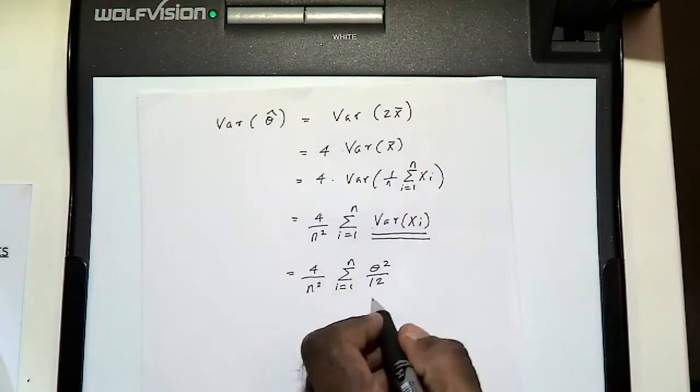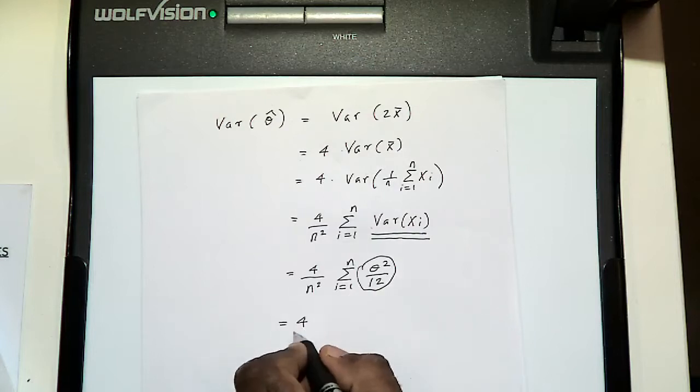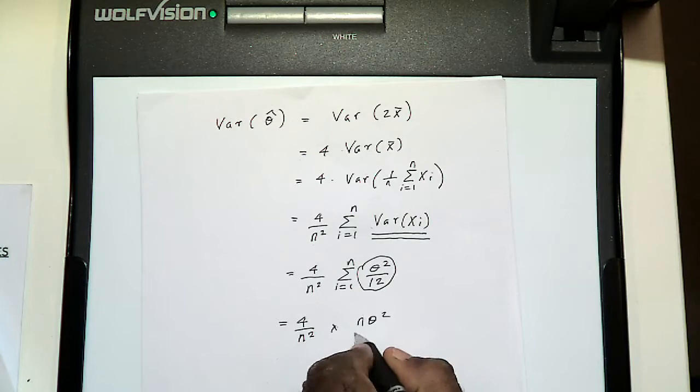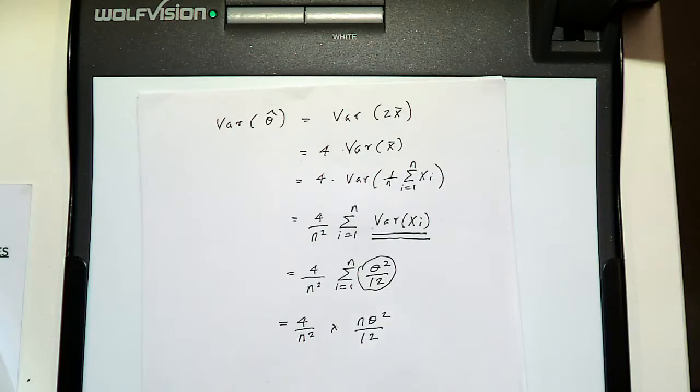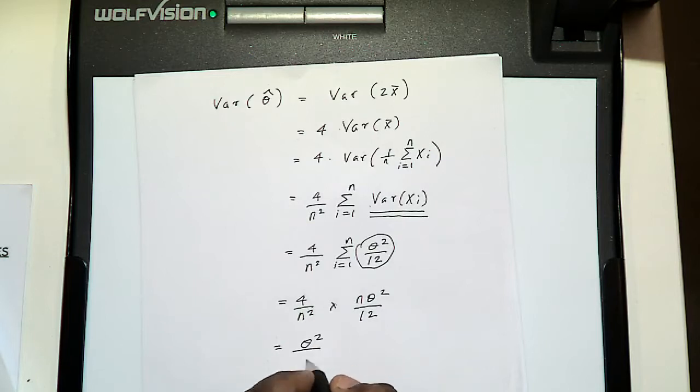This is a constant with respect to n, so what you have is this. And if you simplify this, you get theta squared divided by 3n.